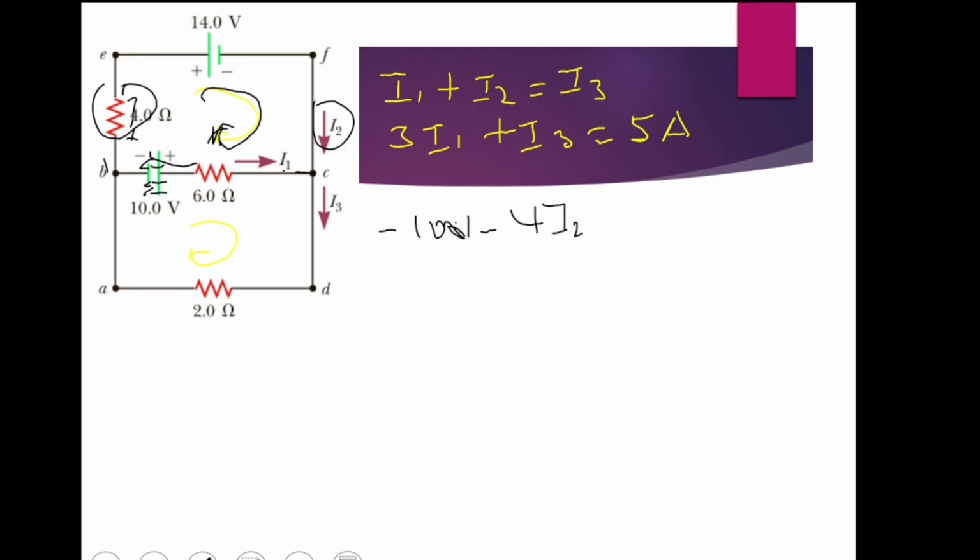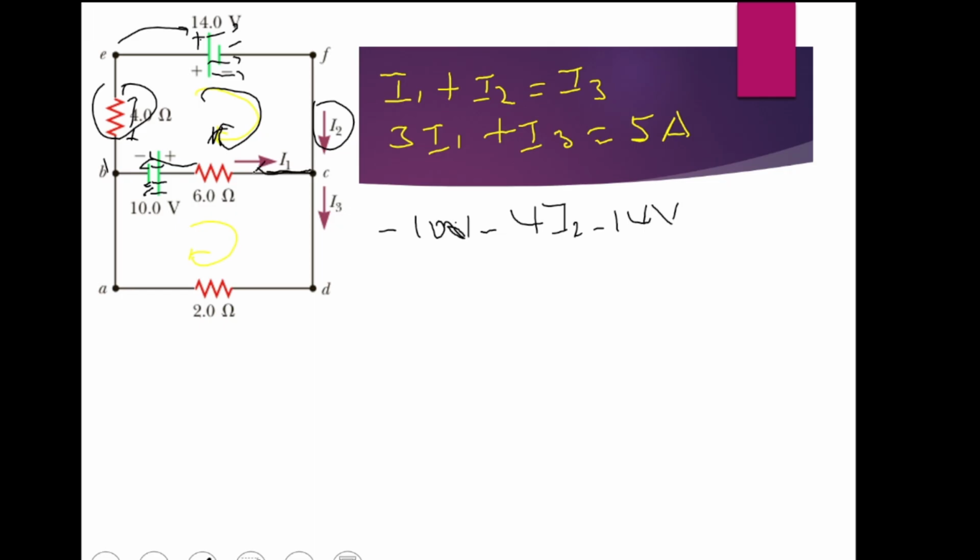Similarly we move all the way in this direction, and when we reach this one we are again moving along the electric field, so we'll take it as minus 14 volts again.